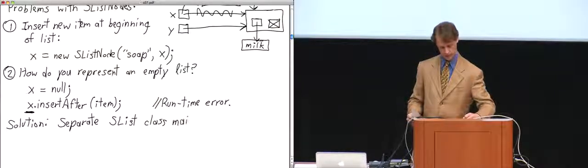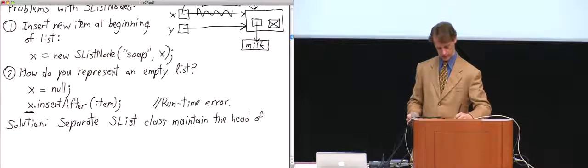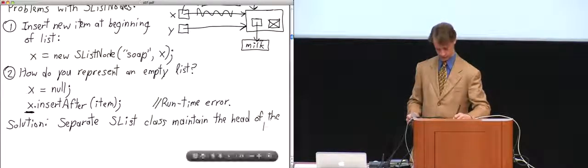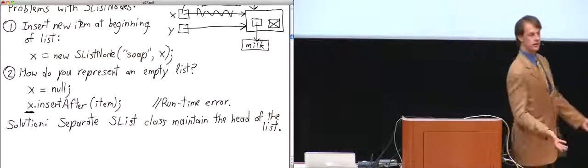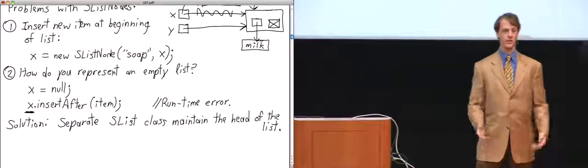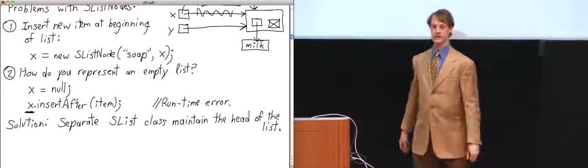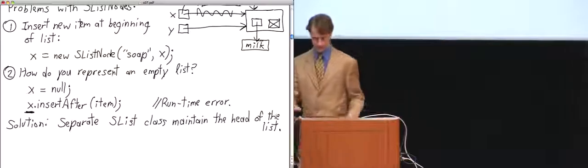The main job of the SList class is just to maintain the first node of the list, which we call the head. That's pretty much all the SList class needs to do, but that all by itself solves both these problems.